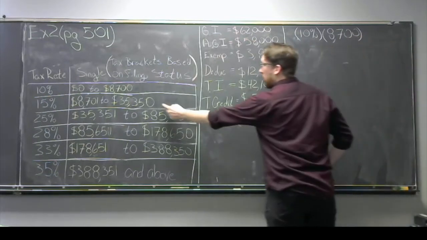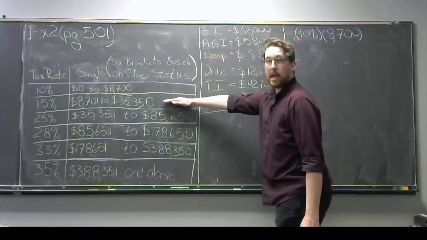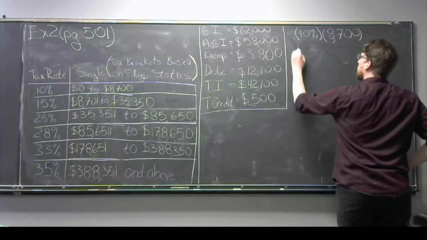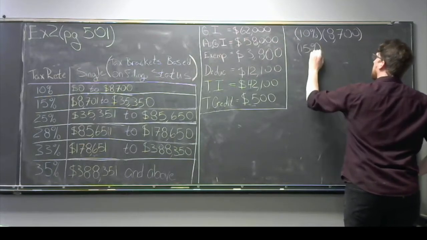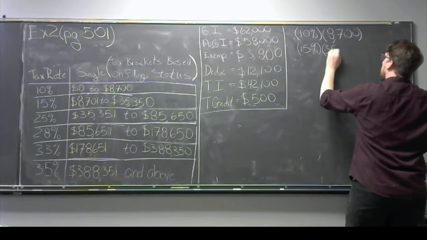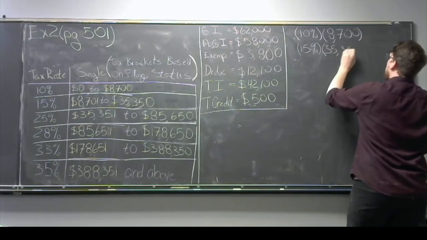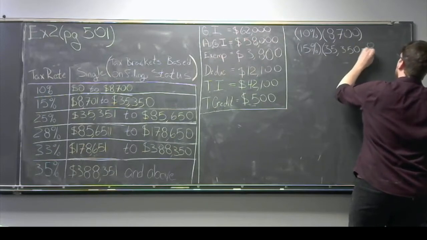then we're going to take and tax the amount that sits inside of here at 15%. So that's going to be $35,350 minus $8,700.